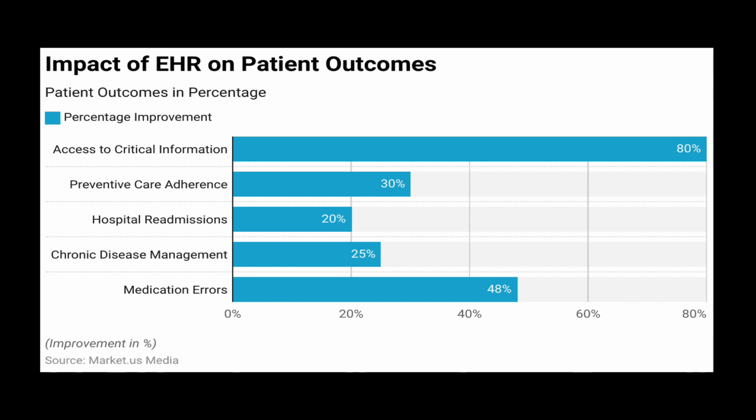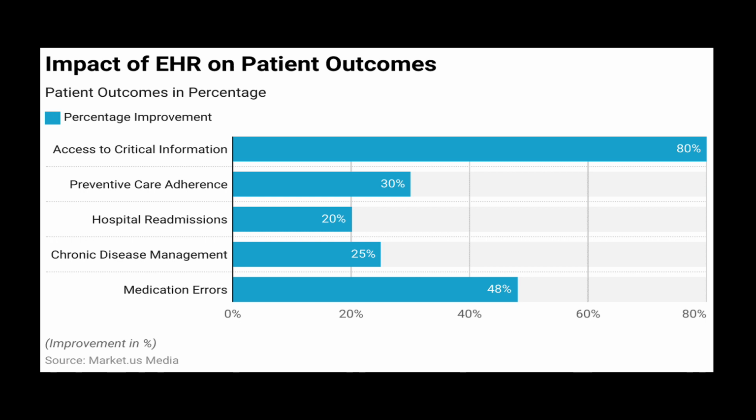This slide also shows the impact of EHRs on patient outcomes. As you can see, with medication errors, the percentage of improvement is up to 48%. Access to critical information, 80%.